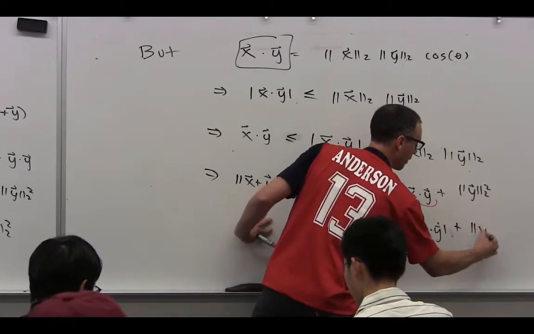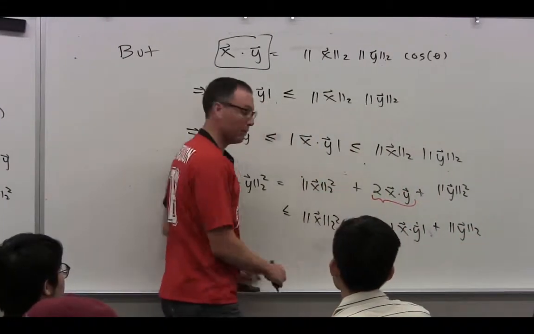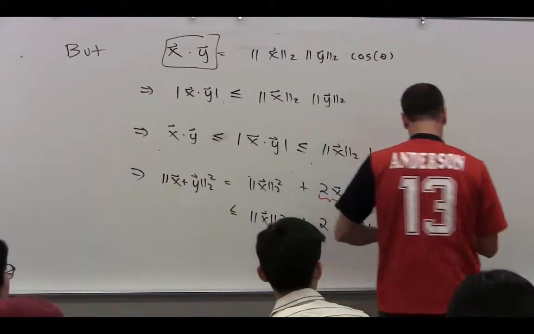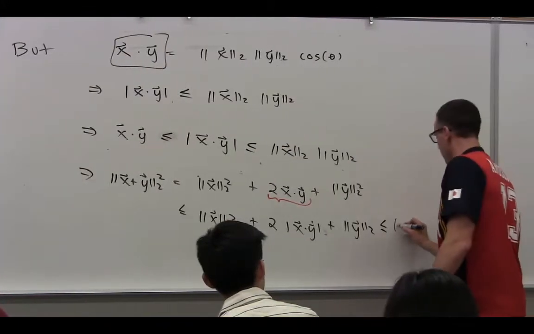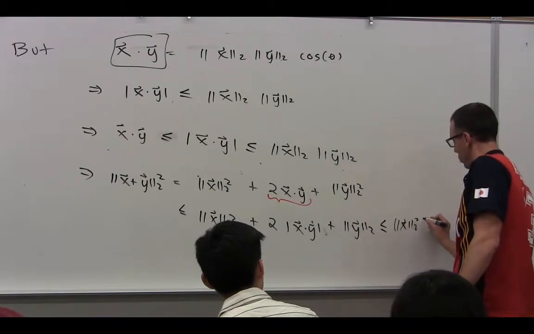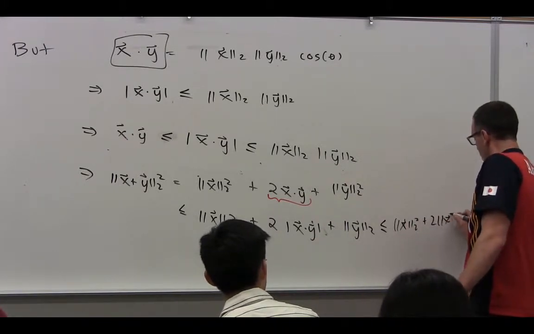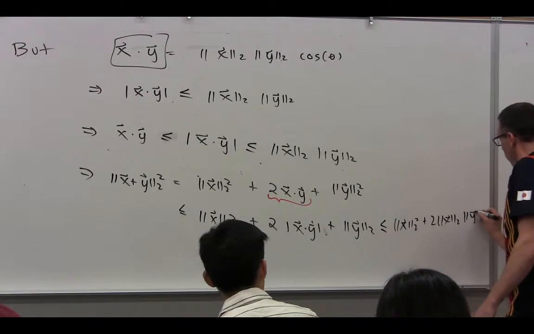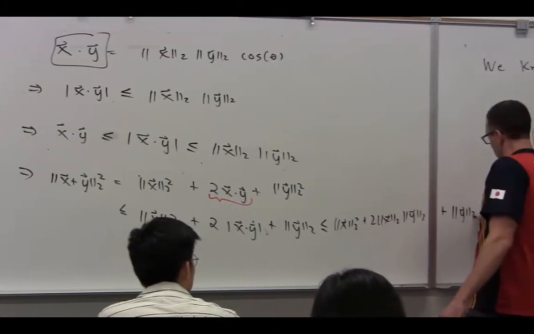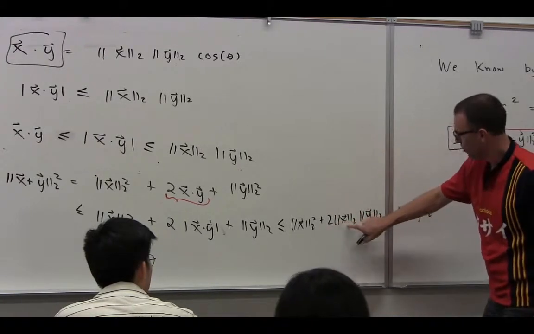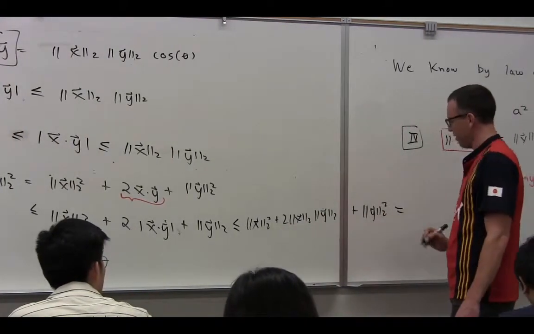And what do you know about the absolute value of x inner product y? Yeah, so now this is the 2 norm of x squared plus the 2 norm of y squared, plus 2 times the 2 norm of x times the 2 norm of y, but what's that?